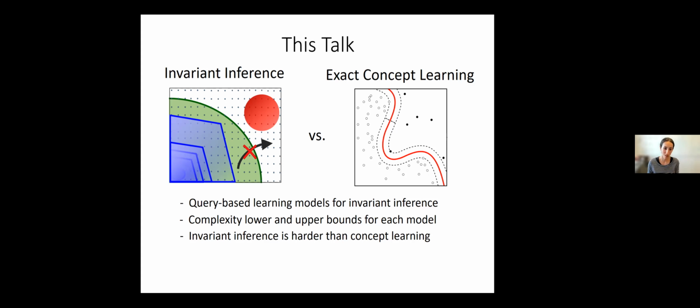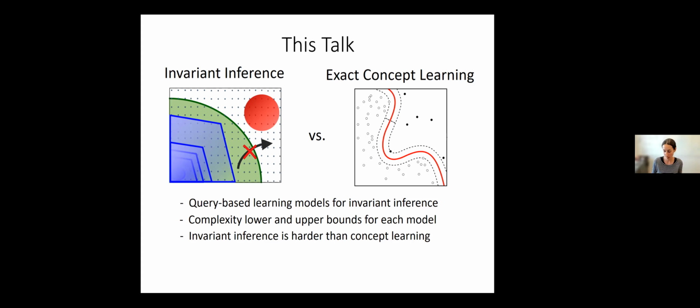So this is all quite negative because our goal initially was to take advantage of all the literature on exact concept learning in order to maybe come up with new algorithms for invariant inference, and maybe implement exact concept learning algorithms for invariant inference.